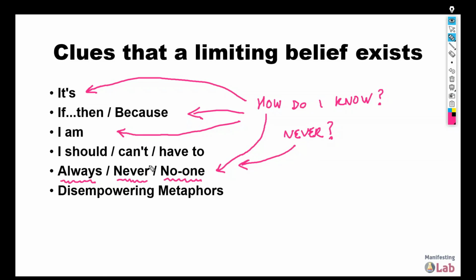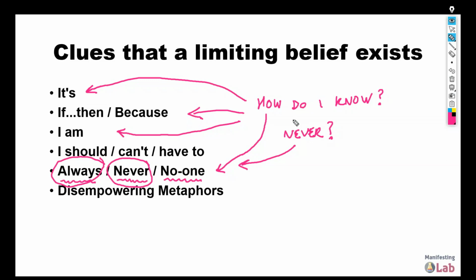So for example, if they say, I never get things right, you could emphasize the word never. And that forces you to step back and think, is that an absolute rule? Never. Or if someone says, I always do this, you emphasize the word always. Always? And then again, you take a step back and you think, okay.